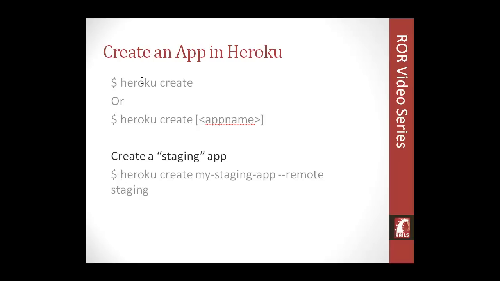So it'll just assign a crazy name to your app. Or you can use heroku create and then the name, which I don't know why we didn't do in the first place. It also allows you to create staging apps if you want to have a staging site too. So you would just do heroku create, then the name, and then remote staging.